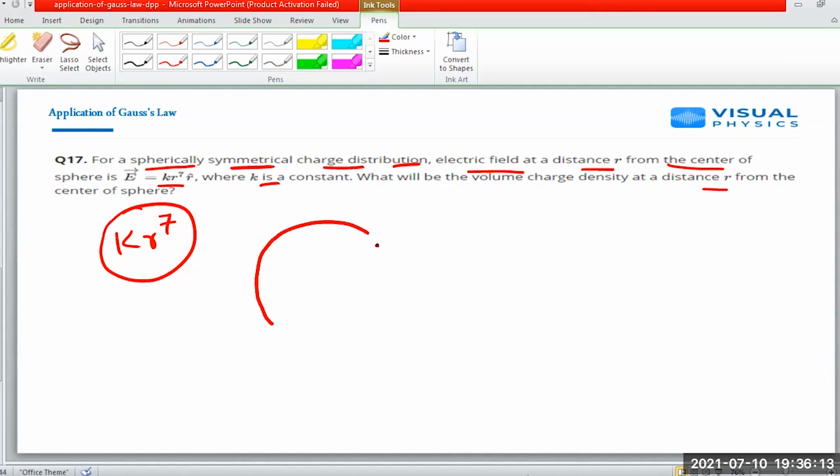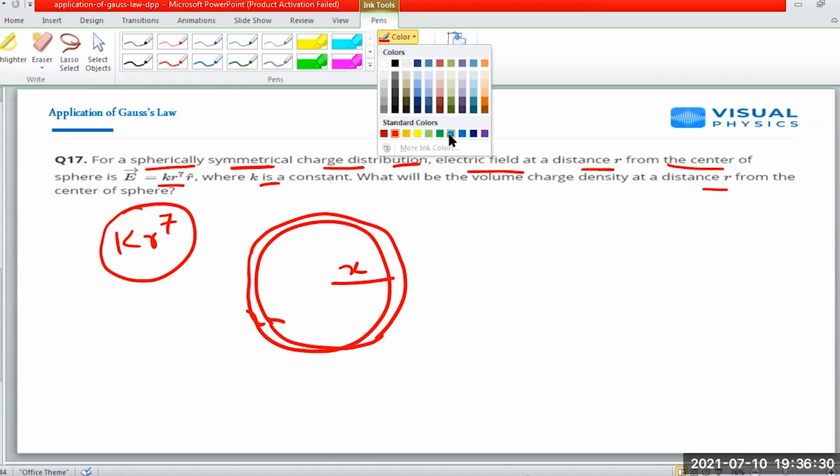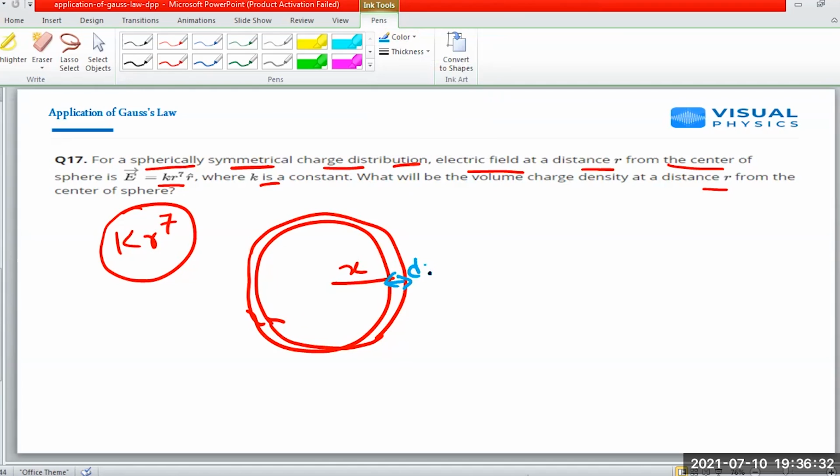Suppose my sphere is like this. Suppose my distance is at x, and suppose I am taking a small shell of thickness dx. There is one field inside, E1, and outside it is E2.